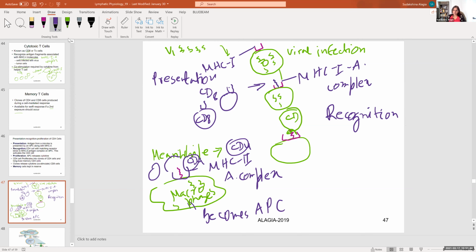And now the CD4 cell recognizes and with the matching receptor binds. We got at least 1 or 2 CD4 cells that will recognize this antigen with MHC2. Now the proliferation. While the CD4 cell is still attached to the APC will secrete a chemical known as interleukin 1.